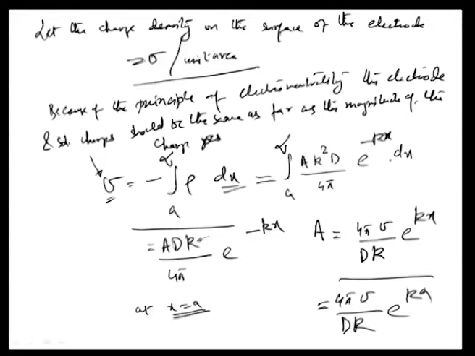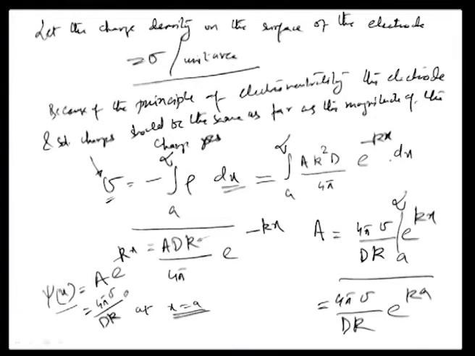That is about the expression regarding A. Because the term potential function xi of x is related to this A e to the power of minus kx, it is 4 pi sigma divided by dk e to the power of k times (a minus x), where the constant a comes from this particular term here.